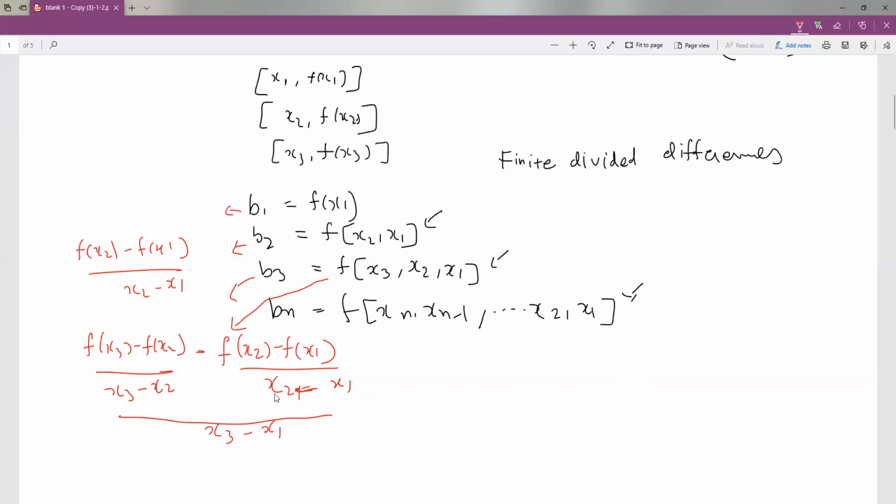So can we write it in a slightly different version, that finite divided differences can be represented in the form of f of xi, xj. The bracketed value f of xi, xj is equal to f of xi minus f of xj divided by xi minus xj.